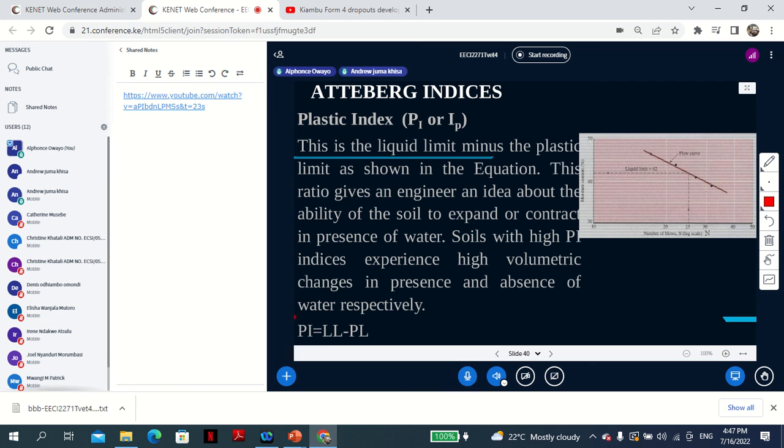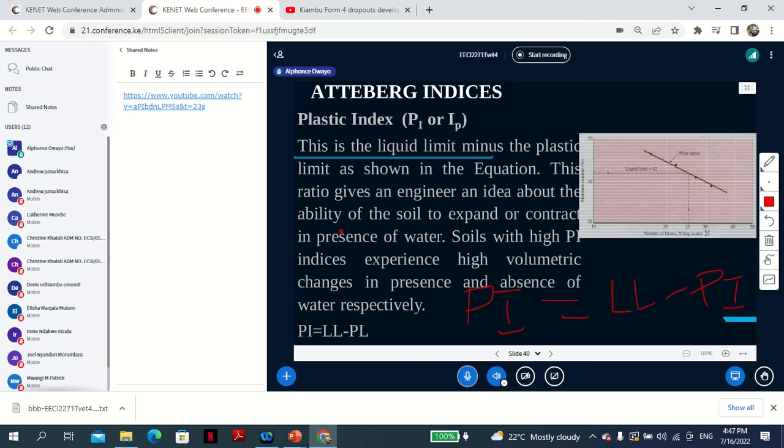Okay. Yes. So the plastic limit, already said, is the LL minus PI. Now this gives an indication of how much it will shrink or expand.